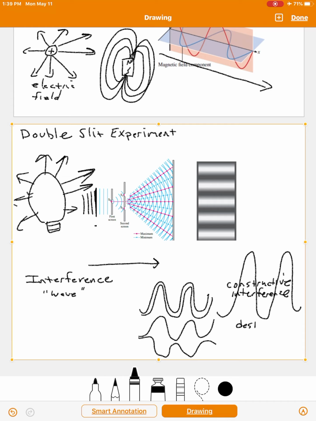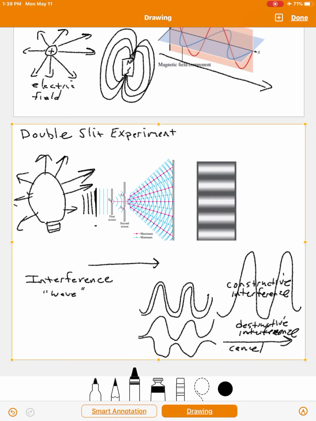Now you get something that's called destructive interference. And what happens is they cancel each other. There's no wave at all. It disappears. So one wave can actually cancel another wave. So that's called destructive interference.